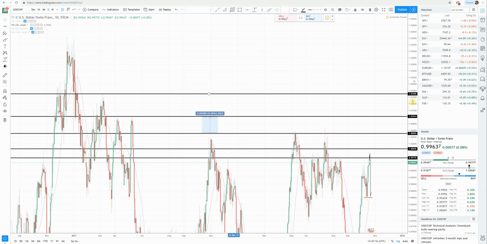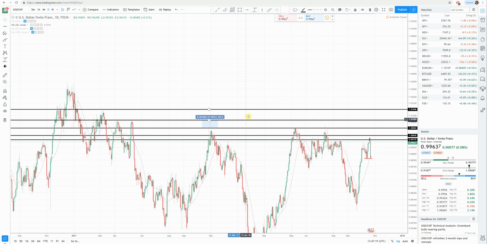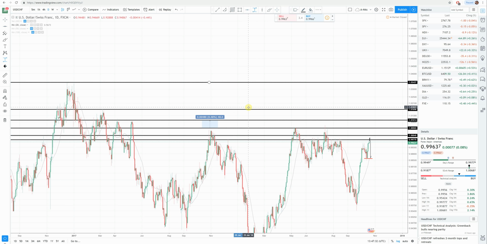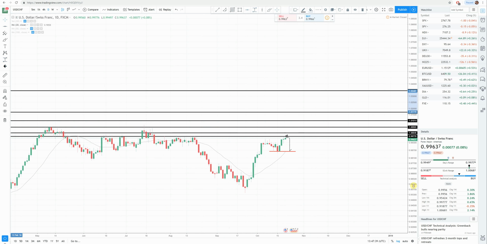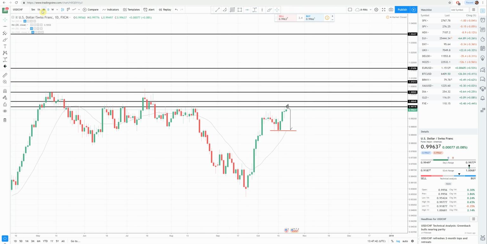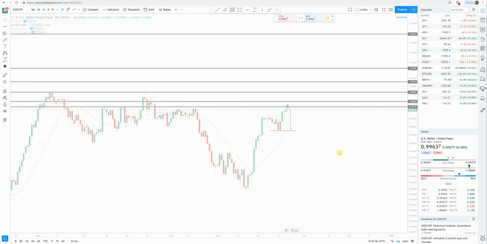But then the biggest reward is when it breaks this level at 1.017, because if that happens, our next level already will be at 1.03, which is around 170 pip reward. Right? So those are the things I'll be waiting for next week for the USD CHF or US dollar Swiss franc.